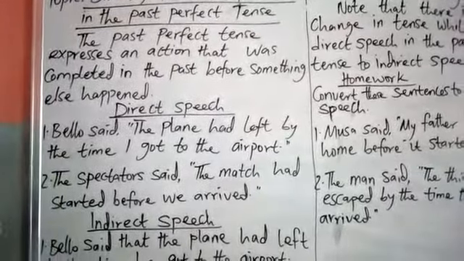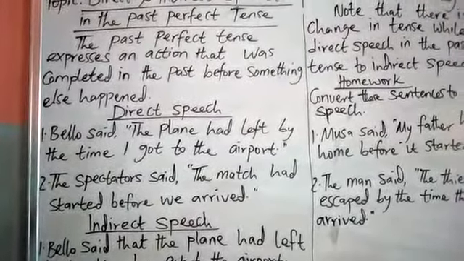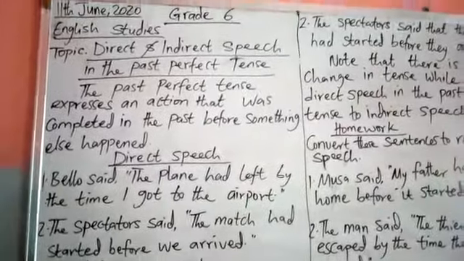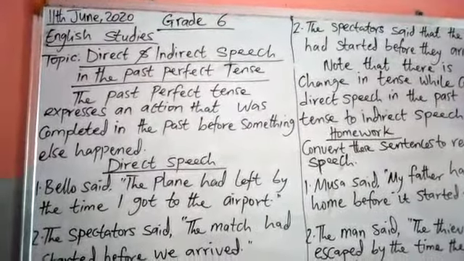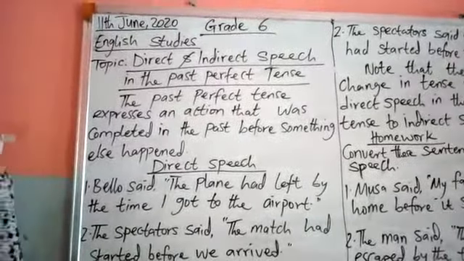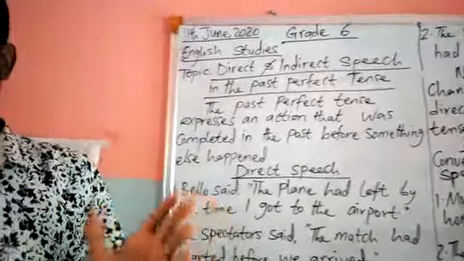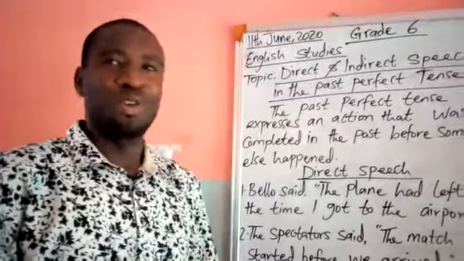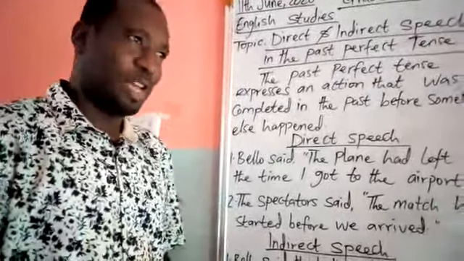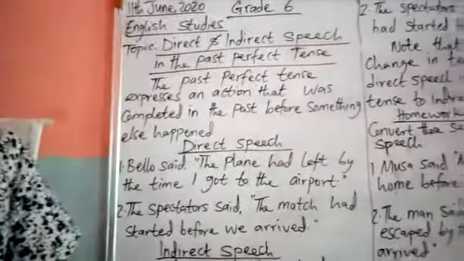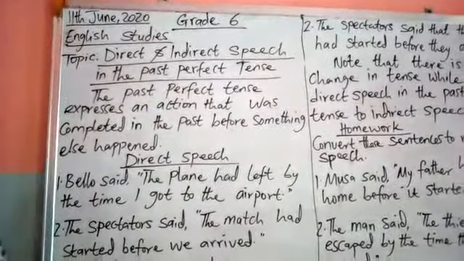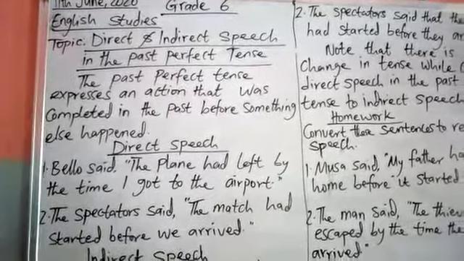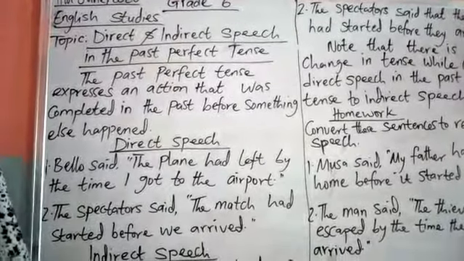The first action uses the auxiliary verb had plus the past perfect form of a verb, and the second action is expressed in the simple past tense form.